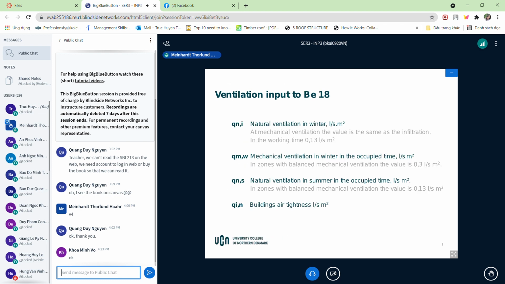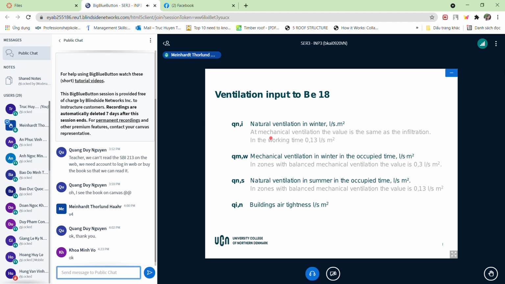Then we have QNI, which is the natural ventilation in the wintertime. If we have a mechanical ventilation system without natural ventilation, this one is still going to be needed, because whether you want it or not, you're going to have infiltration in the wintertime, which you can't control. That is what I talked about earlier regarding the infiltration of the building.